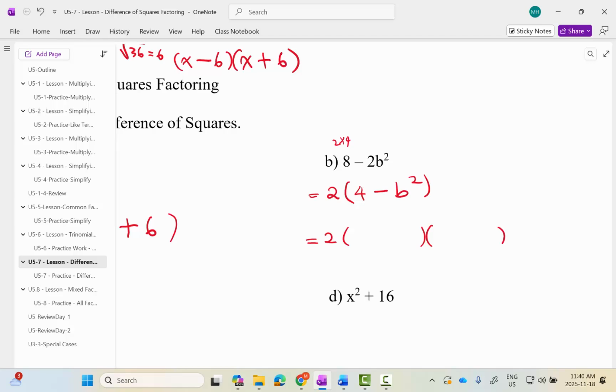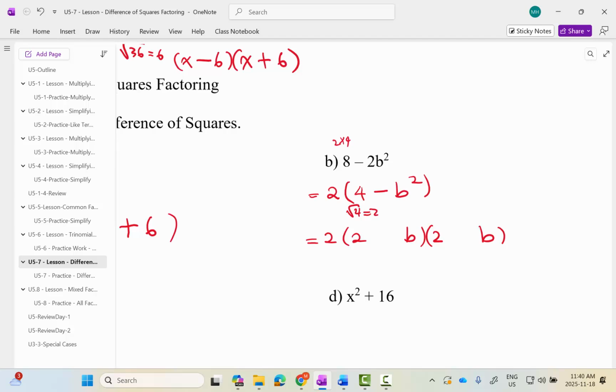Now what goes into the brackets? Again, how do you get 4? What times what gives you 4? 2 times 2 gives you 4, right? Again, you think about it, square rooting 4 equals 2. What times what gives you b squared? B times b, so it has to be times b.